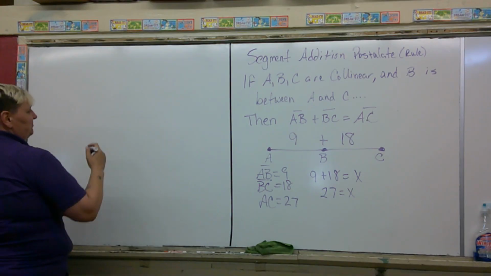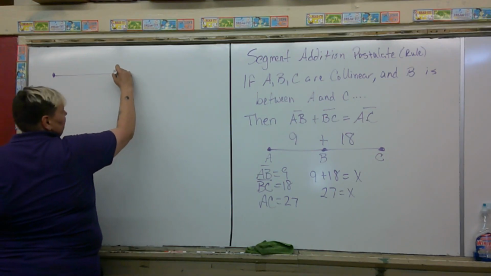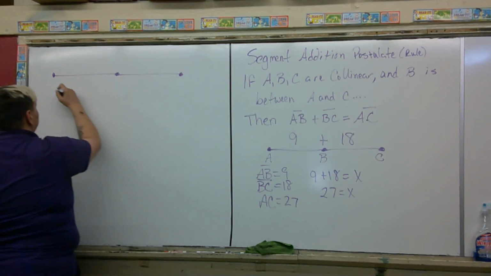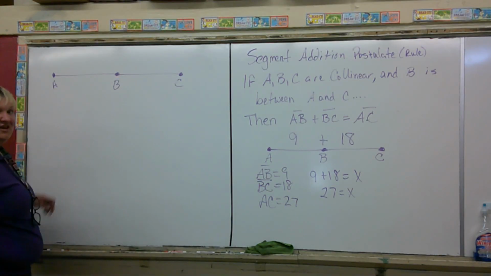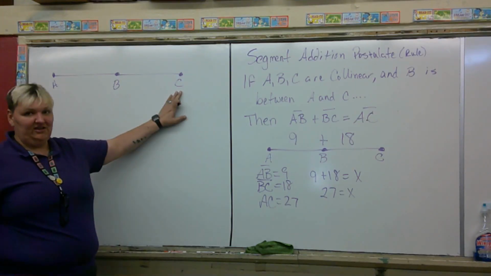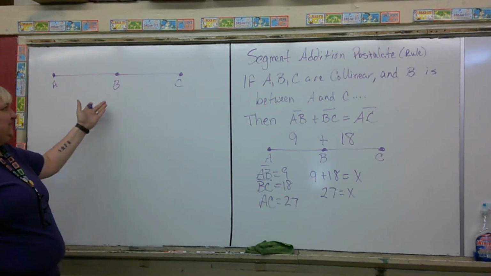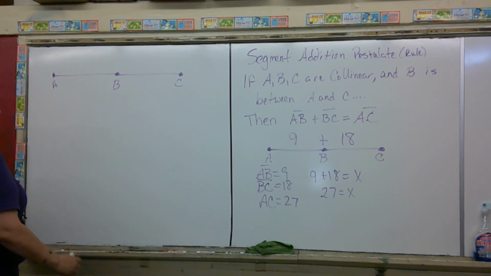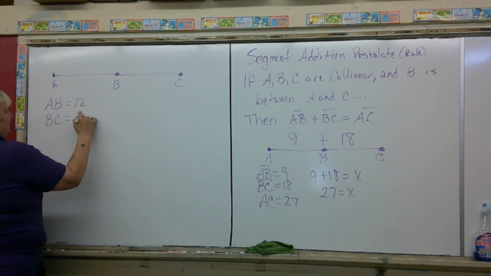Alright, so suppose you have ABC again. They're not always going to be ABC, but as long as it's three in a row and the middle one is in the middle, right? A, B, C, it's alphabetical, right? Let's say this time AB is 12, BC is 15.